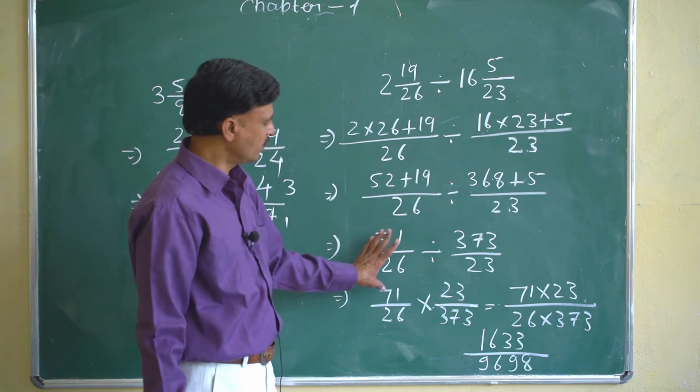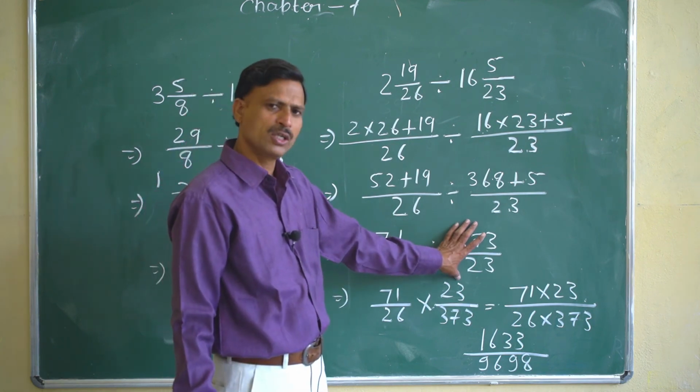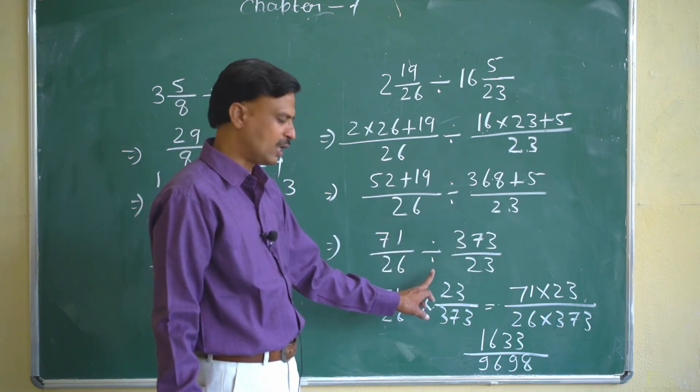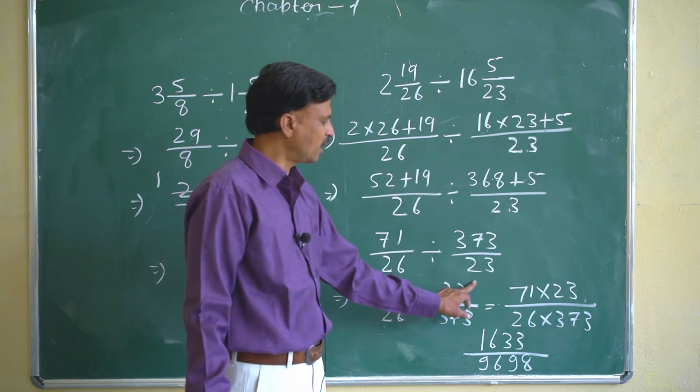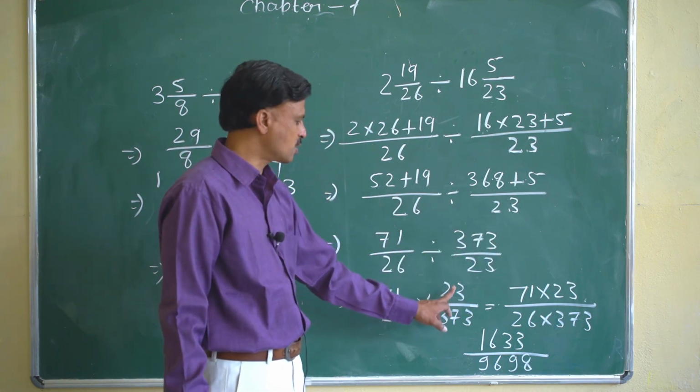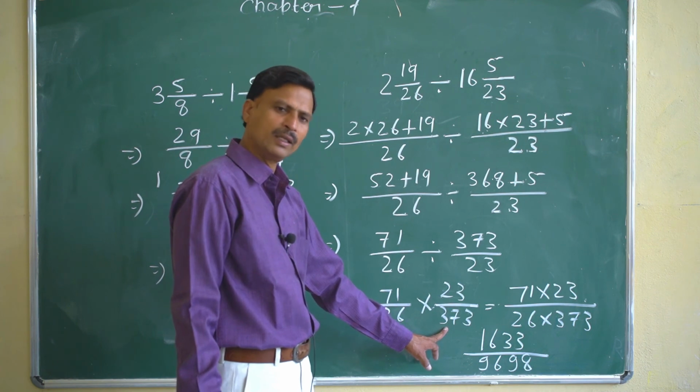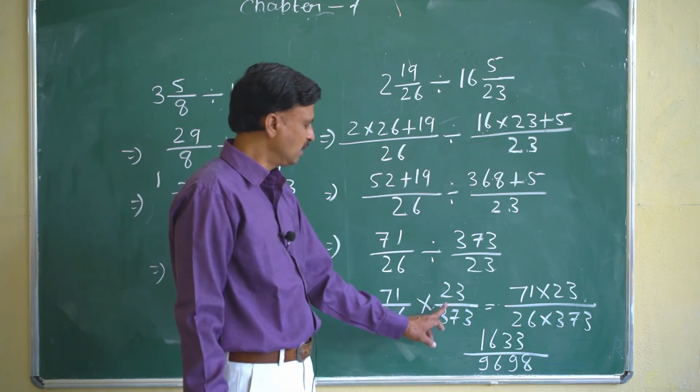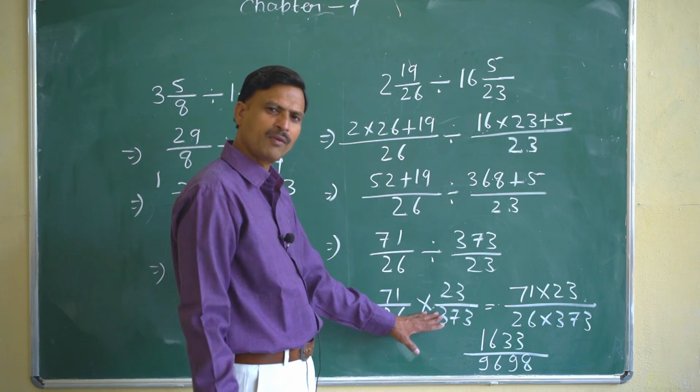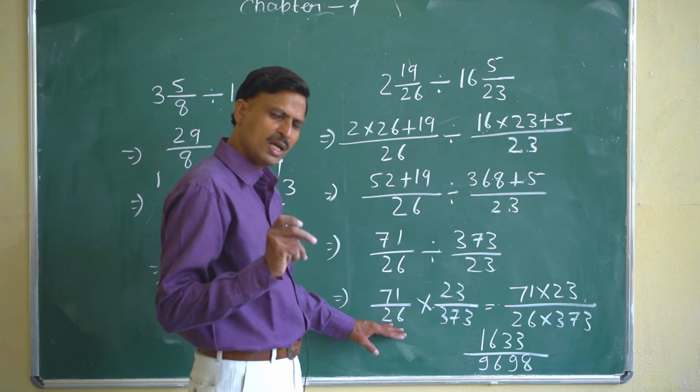Now fraction divided by fraction, division will convert into multiplication, and we take the reciprocal of this value, that is 23 upon 373. Now we'll see that no number is cancelling here, because if there is any cancellation, we have to cancel first.